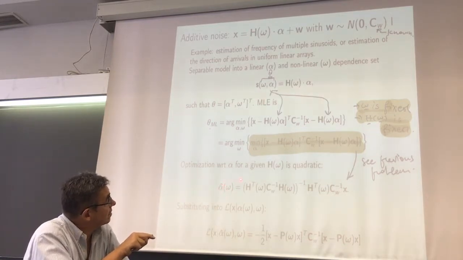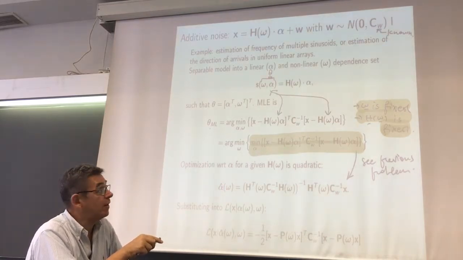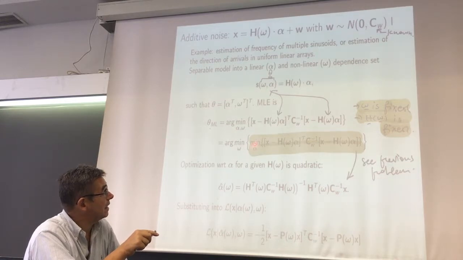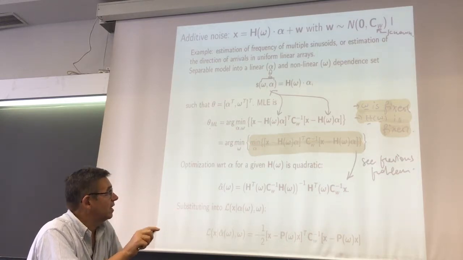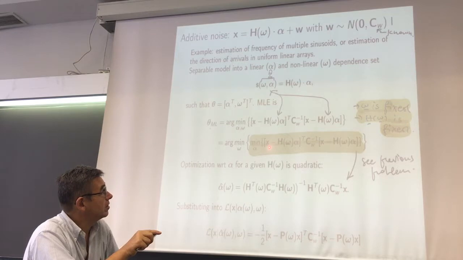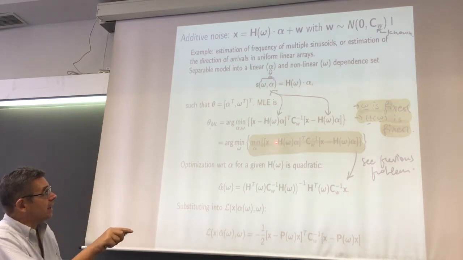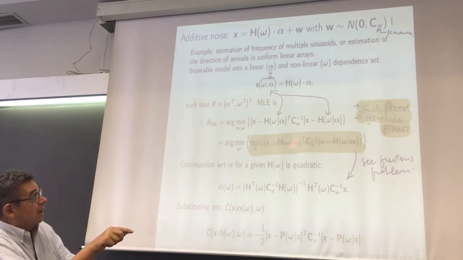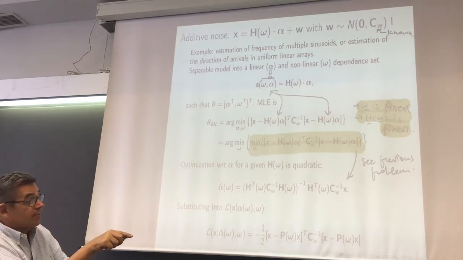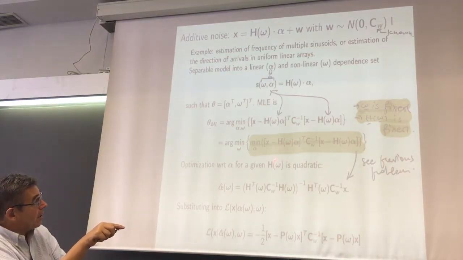So when I take this one and plug it there, and I already solved it with respect to alpha, then I get the quadratic, I get the norm, so I get the objective function, which is now depending on omega only.